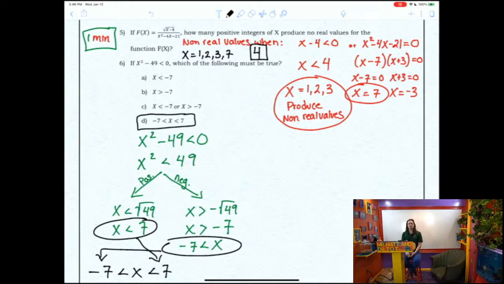X being greater than negative 7 doesn't make as much sense to think about as if we were to flip it around. So if we take that inequality on the right, x greater than negative 7, pick it off the page, flip it around, and put it back on the page, you would get negative 7 less than x. Notice how I'm maintaining the direction of the inequality sign.